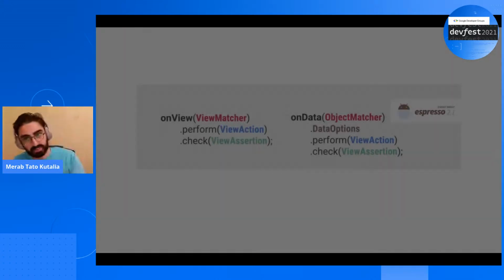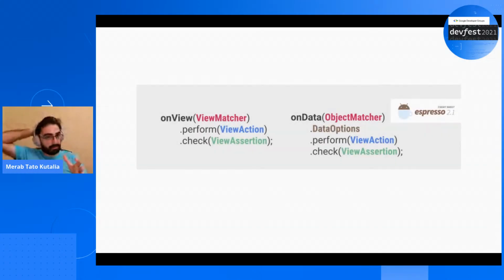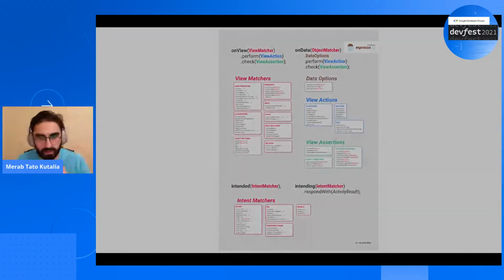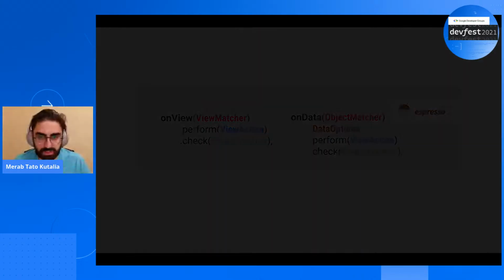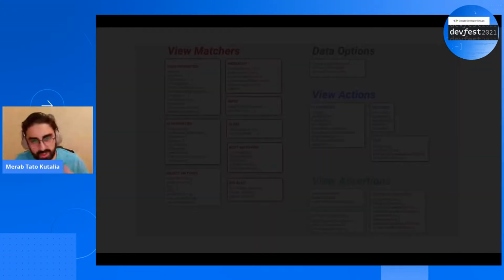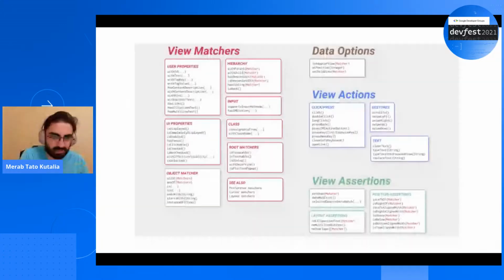And on the right-hand side, we have the data part. So what is data? It is intended for the intents, to test the intents, and the main data we have between the activities and that flows inside our application. For the data, we have options like onData, atPosition in an adapter view to check where it is in the RecyclerView, and so on.